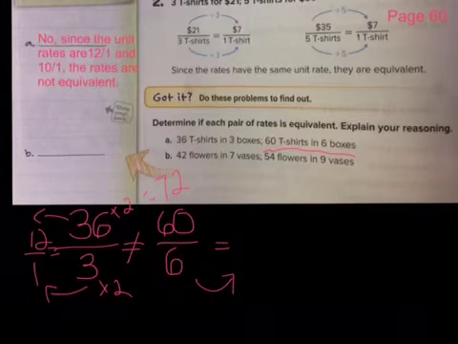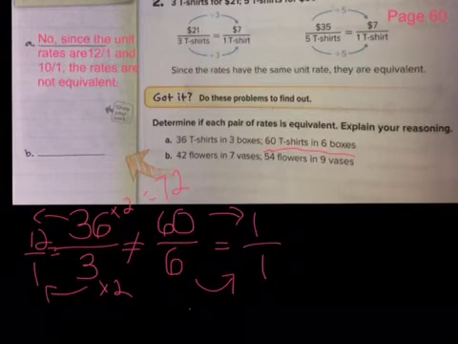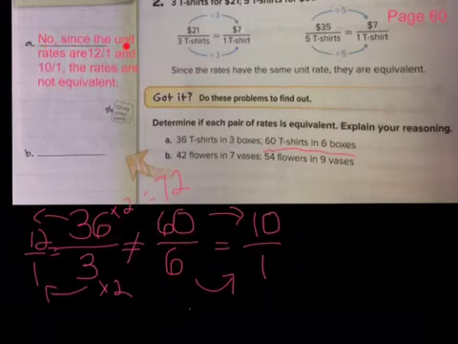We have to bring this down to the unit, so 1. So we have to divide that by 6, and we must divide now the 60 by 6, and we get 10. Okay? So as we can see up here, boys and girls, no. Since the unit rates are 12 to 1, as you see there, 12 to 1, and 10 to 1, as you see right there, the rates are not equivalent.